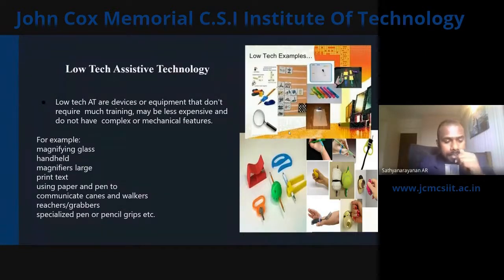Here you can see various types of low-tech devices: a handheld magnifying glass that magnifies large printed text, paper and pen to communicate, canes and walkers. These are the different types of low-tech devices used to train in normal centers or schools as well. But they have certain limitations, and also need to be modified.